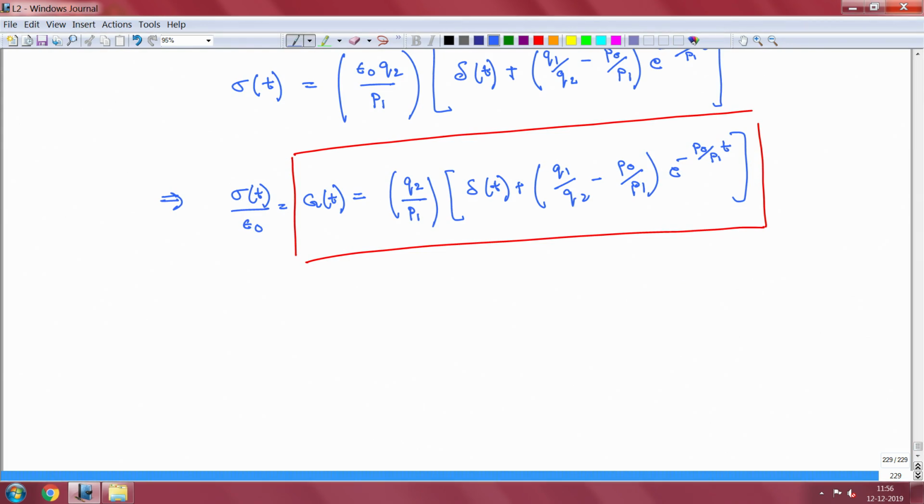Now, we already know the numerical values for q 2, p 1, p naught, p 1 etc. right. So, all the 4 coefficients we already know what the numerical values will be.